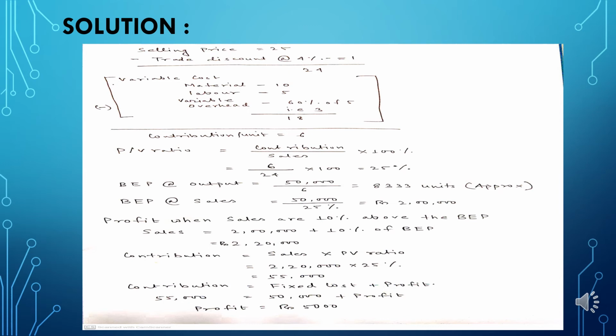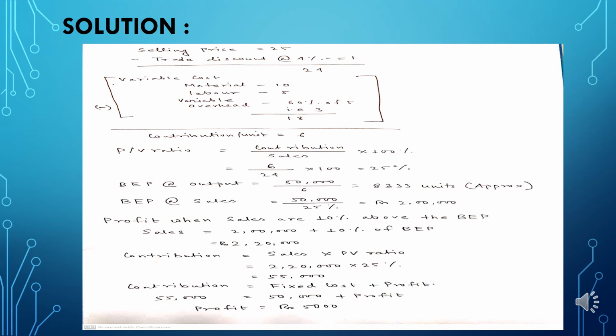And most importantly, we also know that contribution has another formula, that is fixed cost plus profit. Now we know the contribution amount and we know the fixed cost amount, so the profit should be contribution minus fixed cost. So deducting fixed cost from contribution, we get the profit amount to be rupees 5,000.